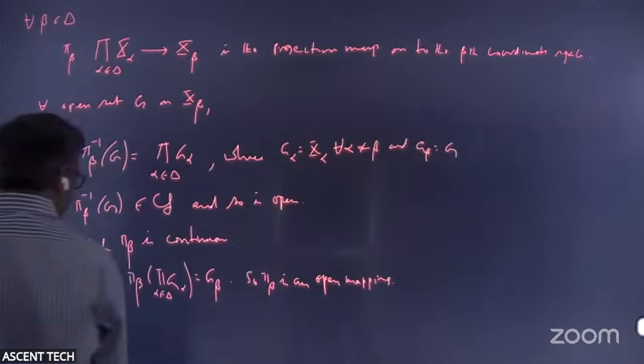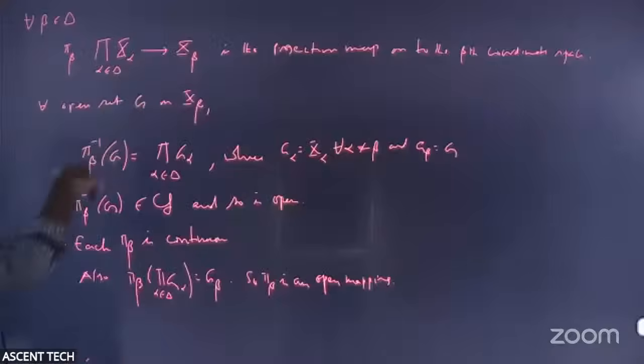Actually, I want to. Yes, go ahead. So we defined pi beta in such a way that for this projection mapping, the beta component will map to beta. Everything else is basically left alone, right? If we defined it that way, then pi beta inverse. Yeah, we'll come back to that. Okay, this all makes sense. That's the definition of pi beta essentially.